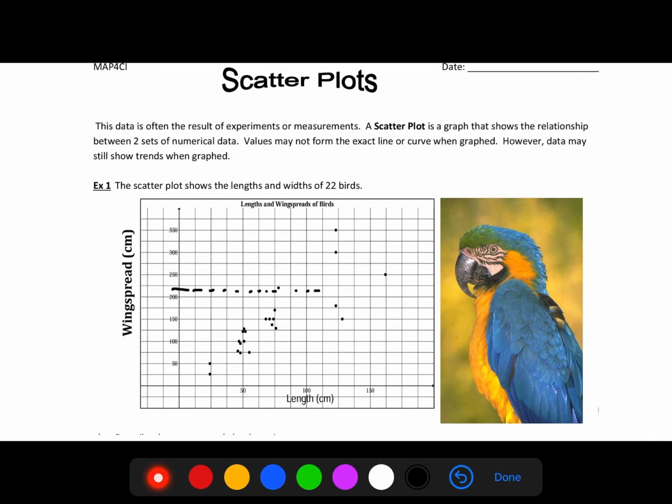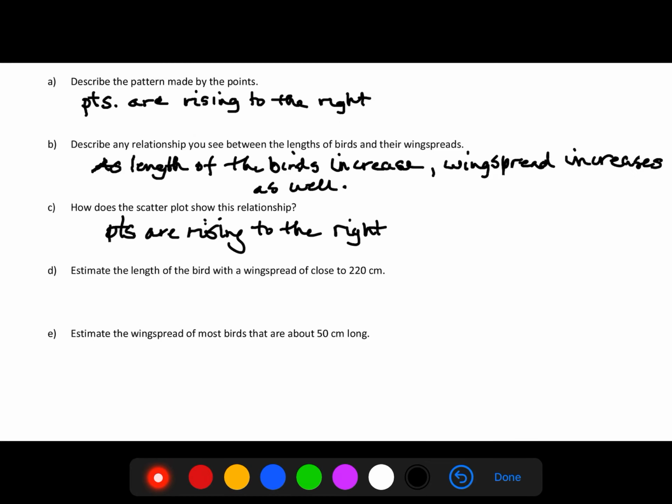Now, if we want to estimate the length of the bird with a wing spread of close to 220 centimeters, we take a look at 220 on our y-axis, and we don't have a line, so we're just going to estimate. We're going to go right in the middle of all the points and follow this down.